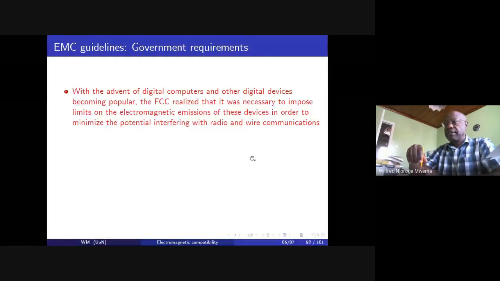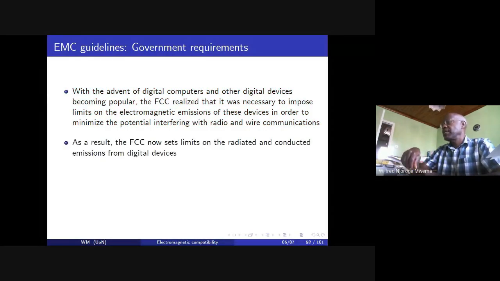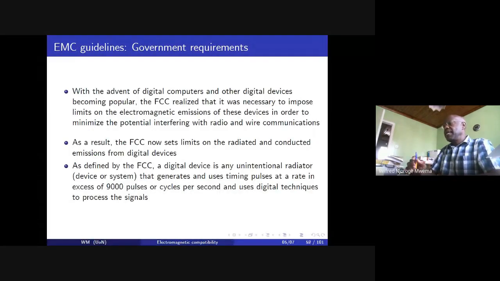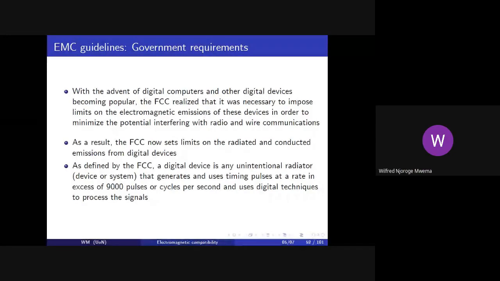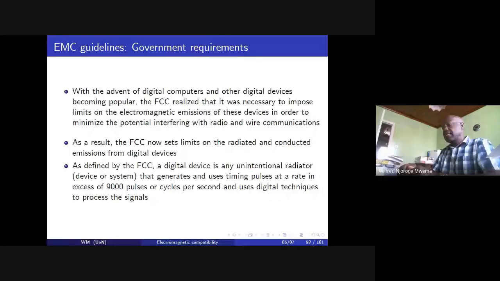So as a result, the FCC now has set limits on the radiated and conducted emissions from digital devices. As defined by the FCC, a digital device is any unintentional radiator or device or system that generates and uses timing pulses such as clock pulses at a rate in excess of 9,000 pulses or cycles per second, that is more than 9 kilohertz, and uses digital techniques to process signals.